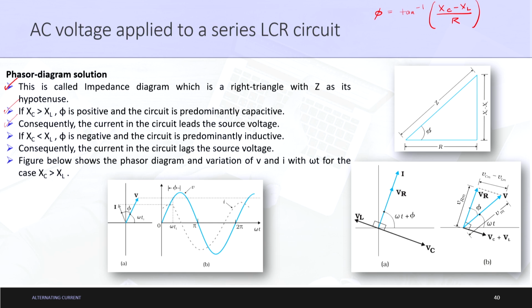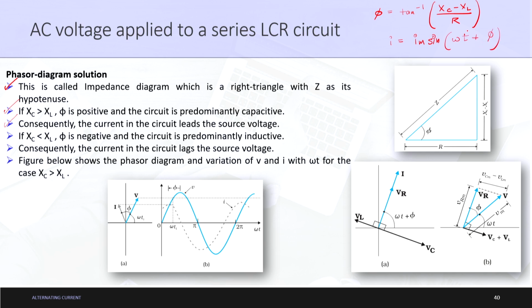We understood that for individual components also, in the case of an individual capacitor, the current always had a positive phi. Similarly, the formula we obtained was I equal to Im sine of (omega t plus phi), correct.